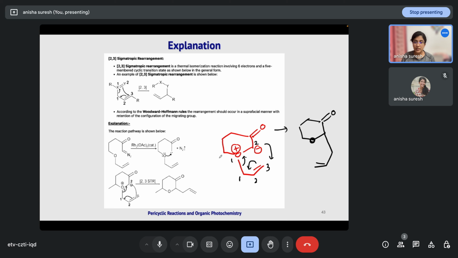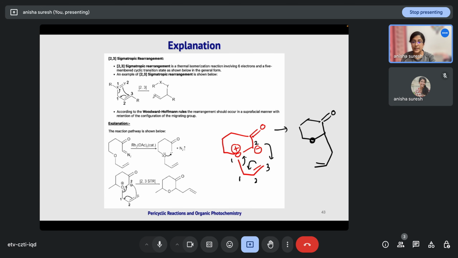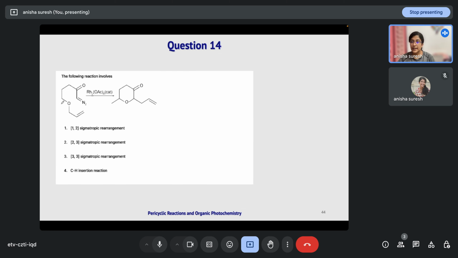In the starting material there was a methyl group, no? Sorry, here there will be a methyl group. That methyl group only is coming here. Okay, that was a mistake. So this methyl group will be remaining as it is. The right answer for this question is that it is undergoing a 2,3 sigmatropic rearrangement. So here carbene chemistry is getting involved. Clear? Any doubts?